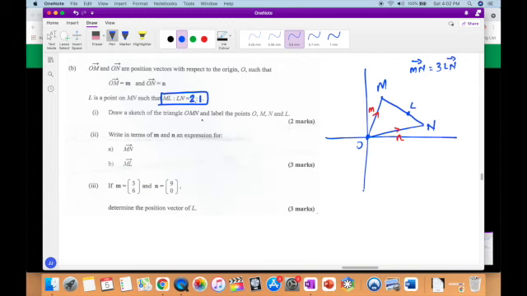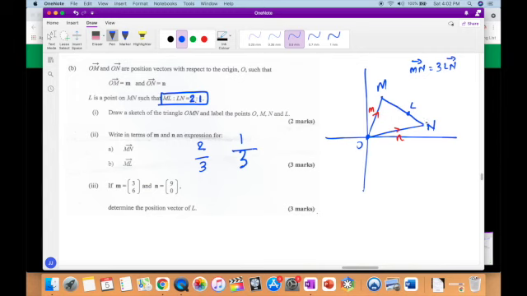So 1 plus 2 is 3. You have a total of 3 parts in the ratio. And out of those 3 parts, LN is 1 out of the 3 parts, and ML is 2 out of the 3 parts, right? So you can see here that LN is 1 part and ML will be 2 parts.